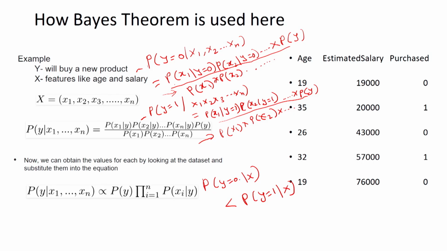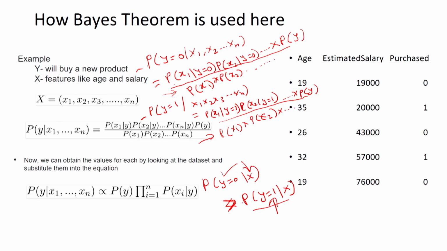If probability of y is equal to 0 given x is less than probability of y is equal to 1 given x, we will assign class 1 to this instance x. If probability of y is equal to 0 given x is greater than probability of y is equal to 1 given x, we will assign class 0 to x, meaning we are assuming that the person will not purchase that product.